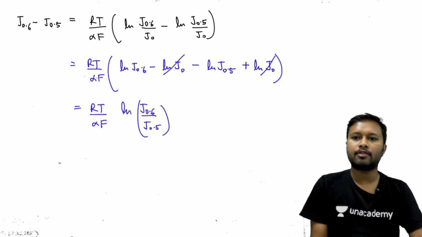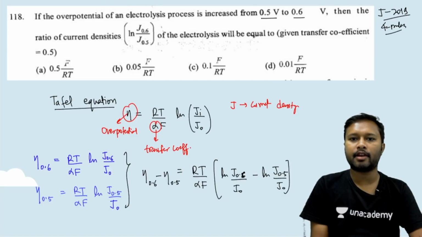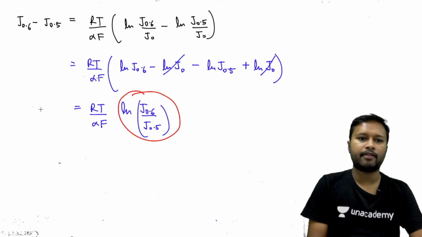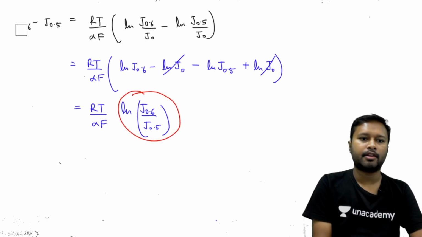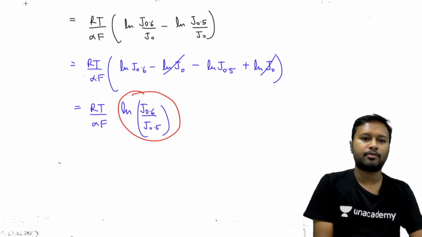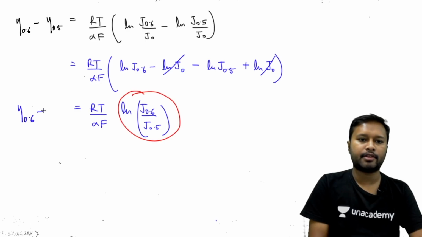Now if you see the question, this particular thing is what they are actually trying to find out. On the other side of the equation, sorry, it's a misprint over here. It should be eta 0.6 minus eta 0.5.